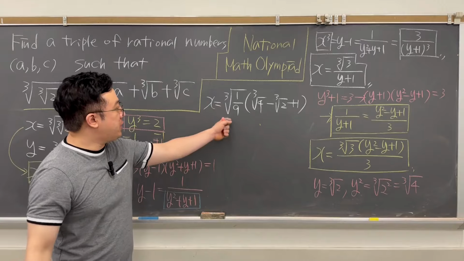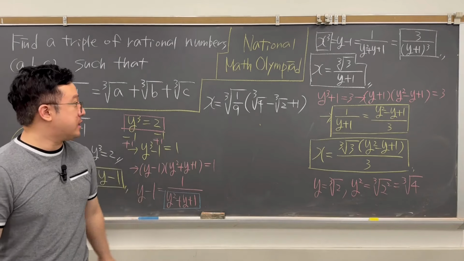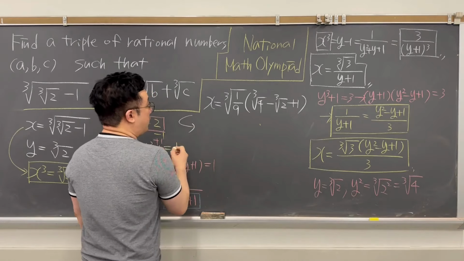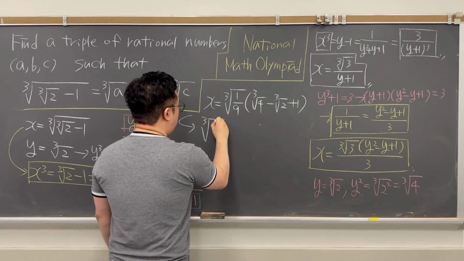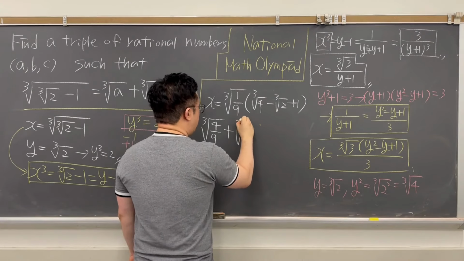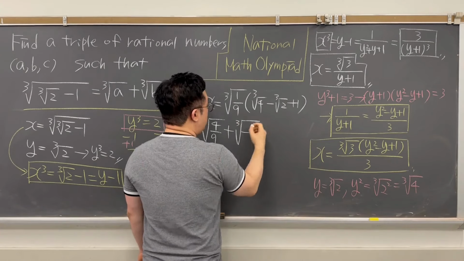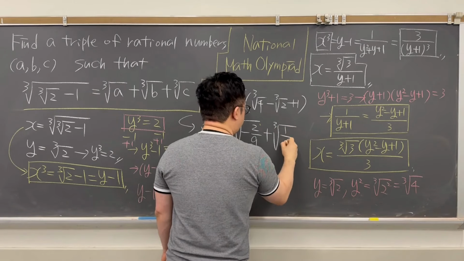It's all about distributing this cube root of 1 over 9 to those 3 terms inside your parentheses. So if you work this out, then it has to be cube root of 4 over 9, and then plus cube root of negative 2 over 9, and then plus cube root of 1 over 9.